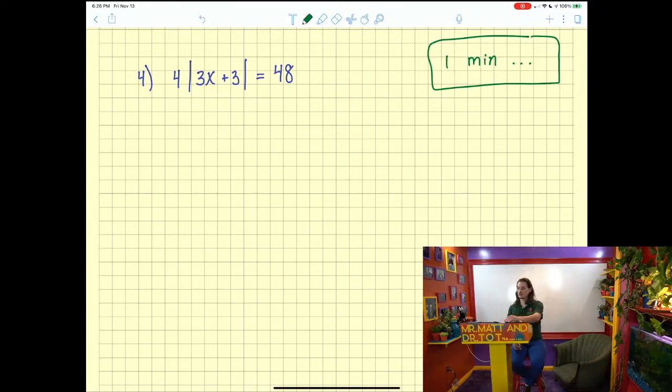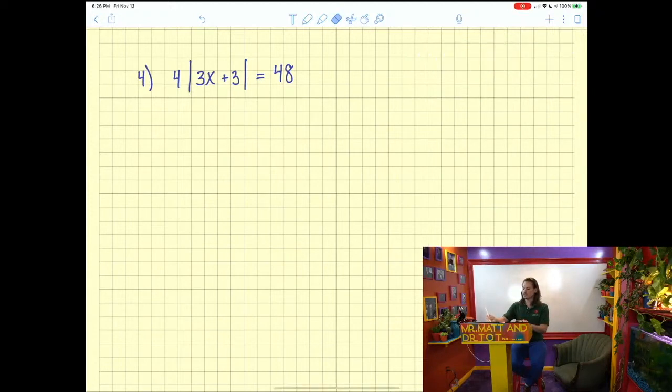So for number 4, I'm going to divide by 4 to get the absolute value by itself. If I do it to the left-hand side, I have to do it to the right-hand side of the equation. So then I'm going to have the absolute value of 3x plus 3 is equal to 48 divided by 4 is 12.